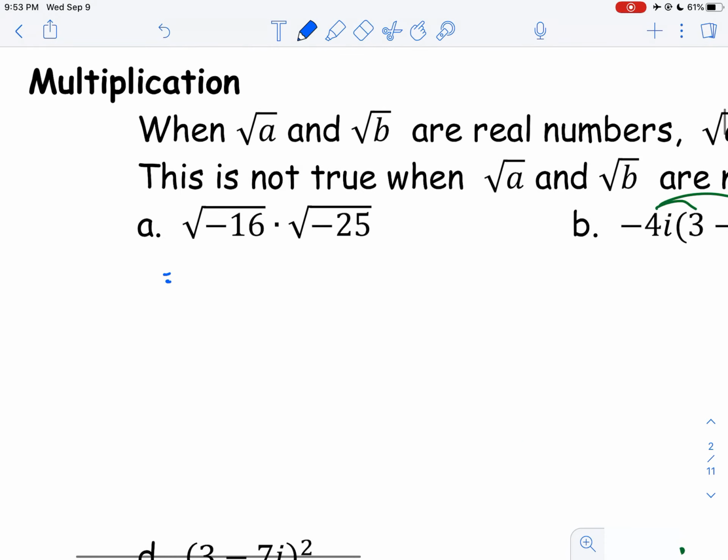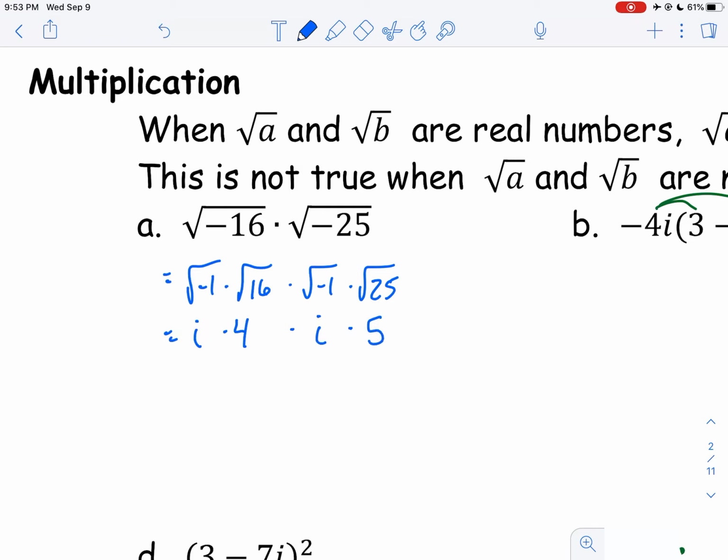We're going to take this as the square root of -1 times the square root of 16 times the square root of -1 times the square root of 25. This gives me i times 4 times i times 5. I just took the square roots there. Really you might just look at it here and realize that this is going to be squared.